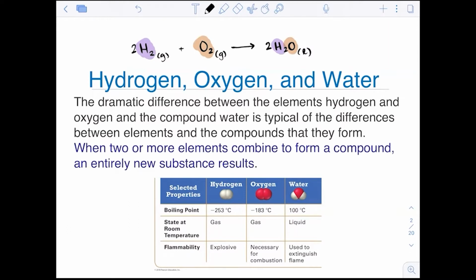We see this with sodium and chlorine as well. Sodium is an explosive metal. Chlorine is a poisonous gas, yet somehow when they come together to form sodium chloride, we eat it every day on our food. That's table salt.